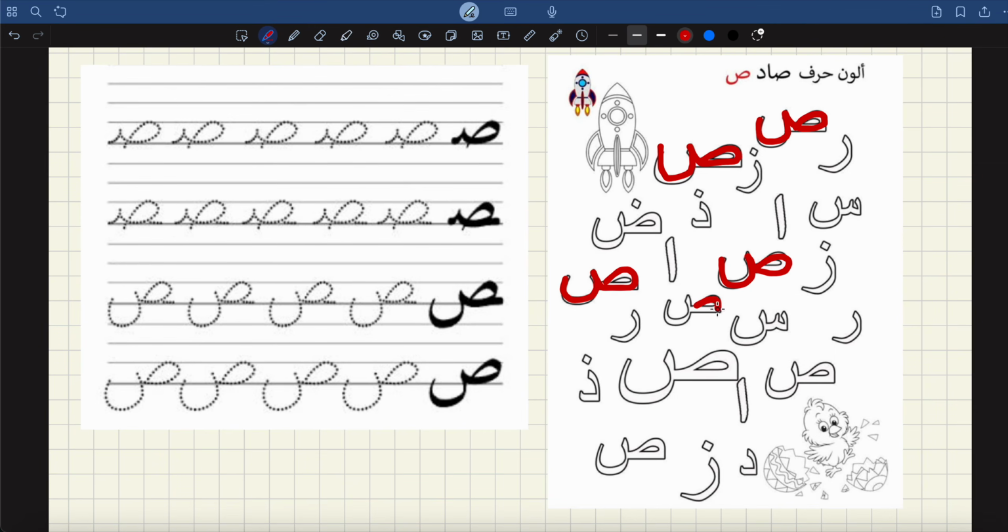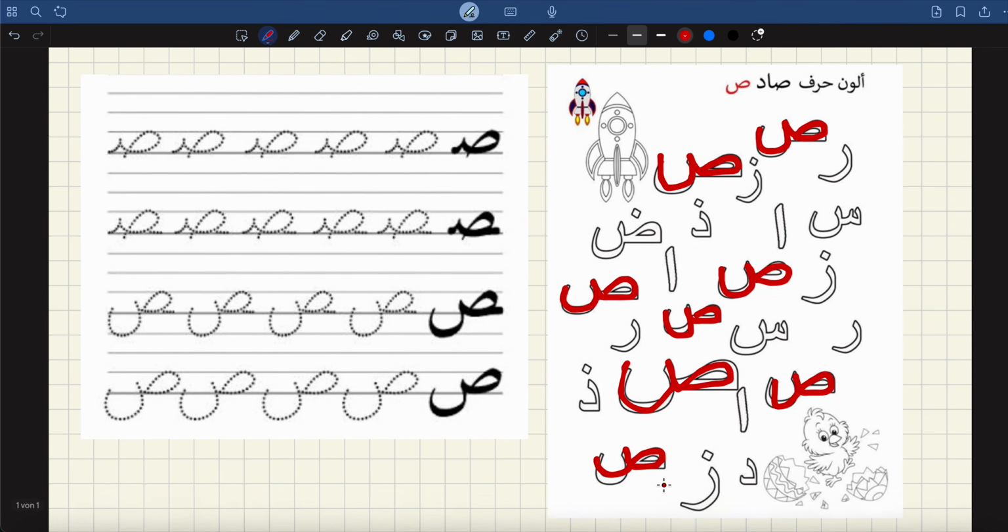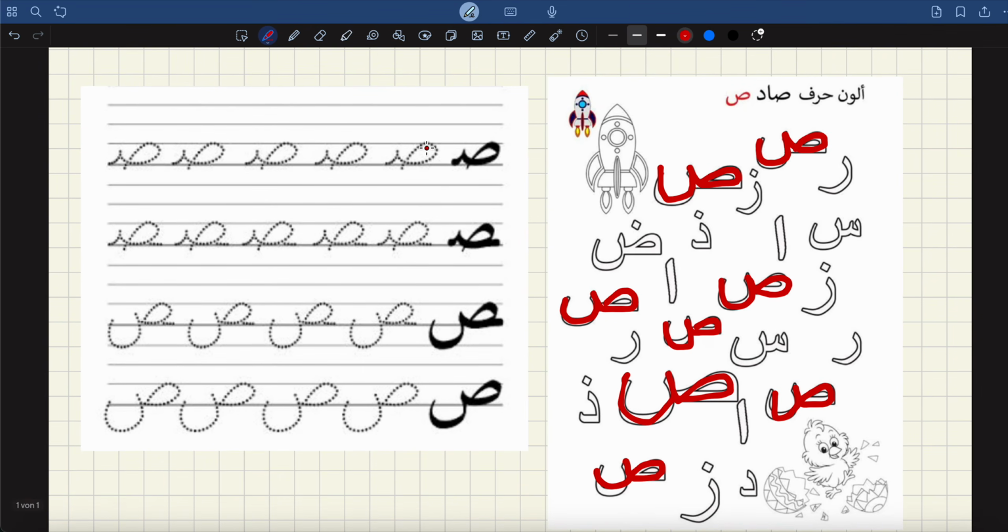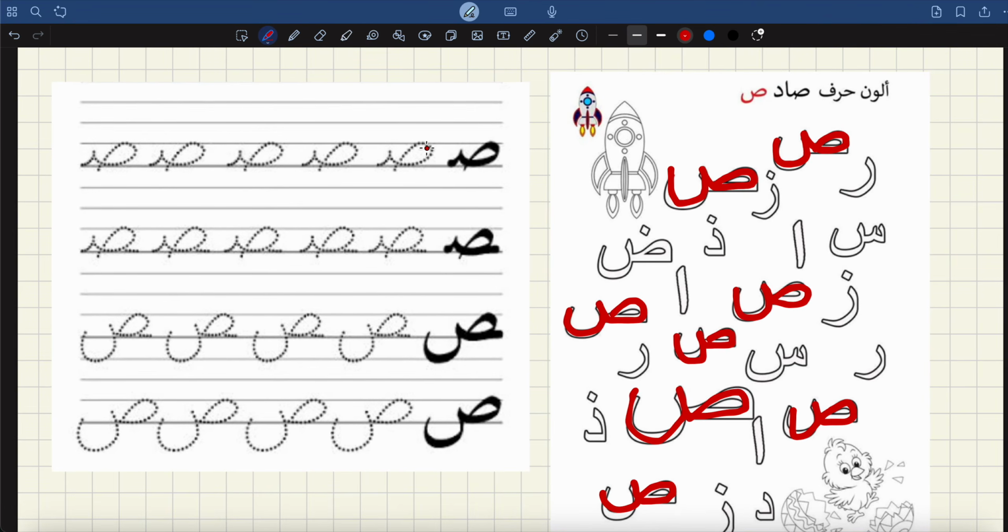This is Sad too. Ra, Sin, Ra, Dal, Sad, Alif, Sad, big Sad. Dal, this is Sad too. Dal. Now we're going to learn writing.